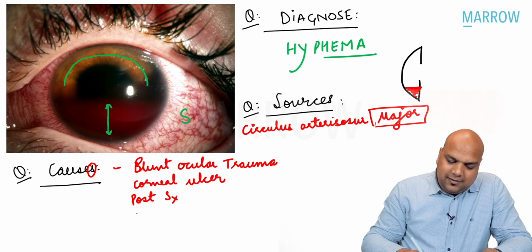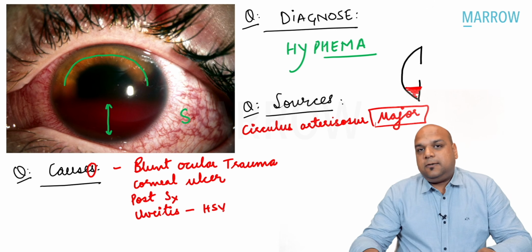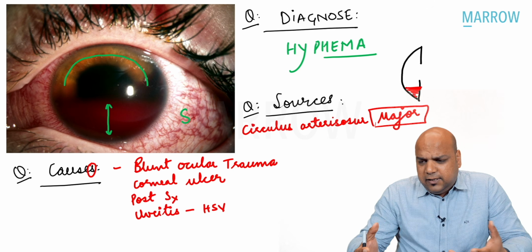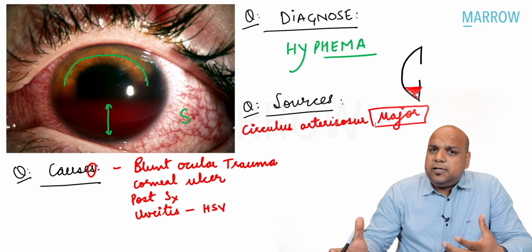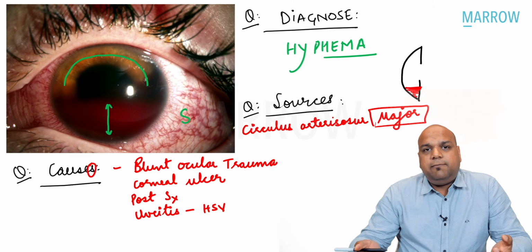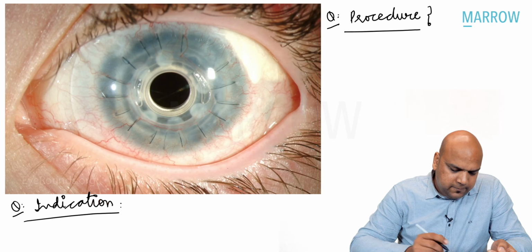It can occur in cases of uveitis, specifically due to herpes simplex virus. So there are a lot of causes of hyphema. Recently, we had seen an ACIOL question where UGH syndrome is there post-surgery, right? So please remember the hyphema photograph, nothing difficult, I hope.